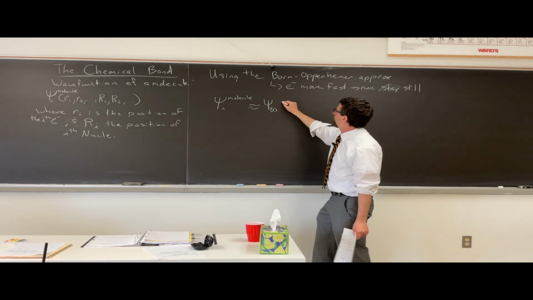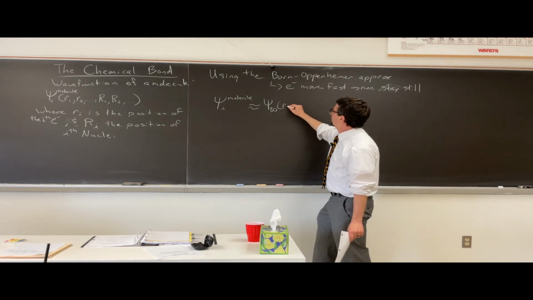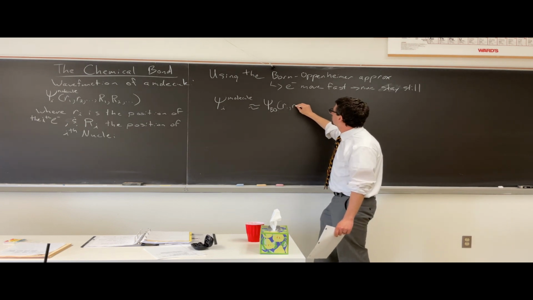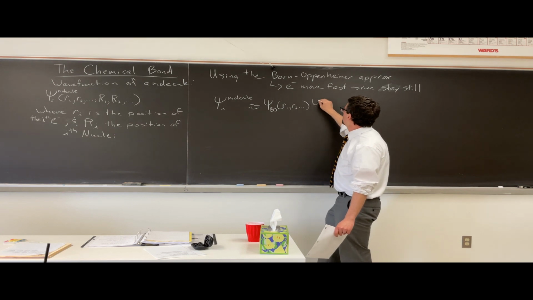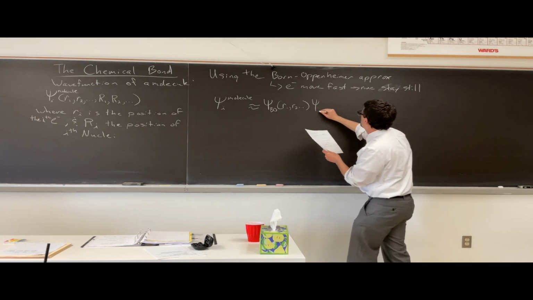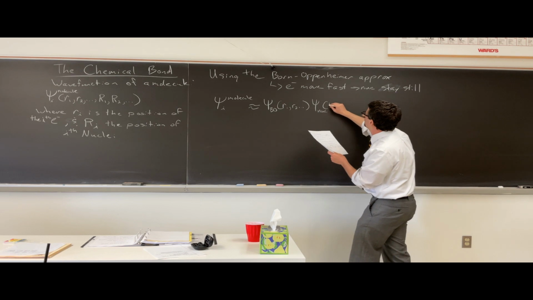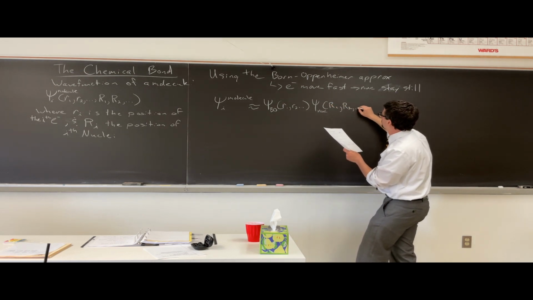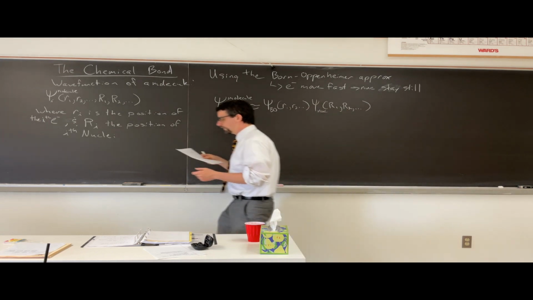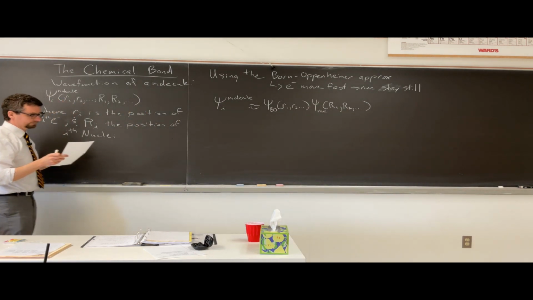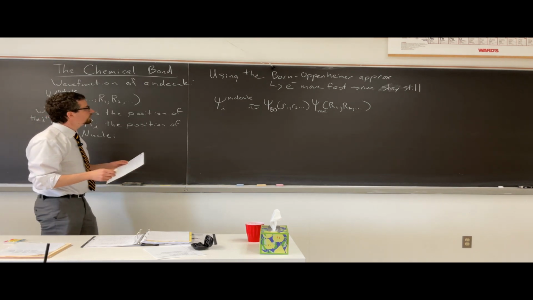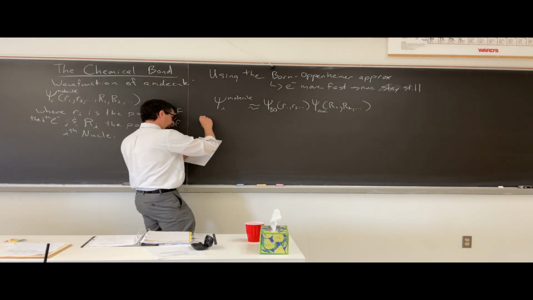We're going to put BO for Born-Oppenheimer, and then that depends on what? Yep, little r's, positions of electrons, and then we're going to have our nuclear wave function, which depends on the big R's. We'll hop back there in a second. Before we do, though, let's talk about the Hamiltonian.